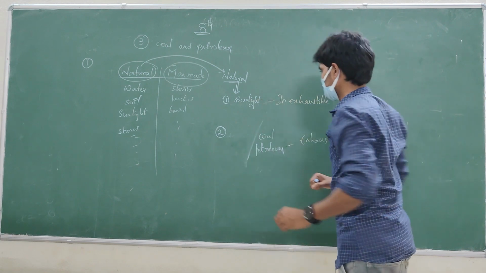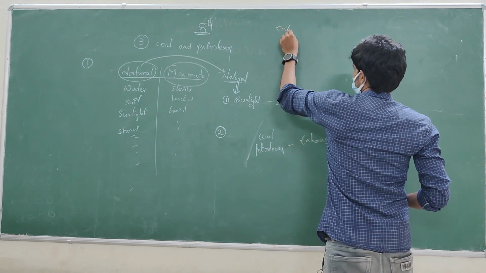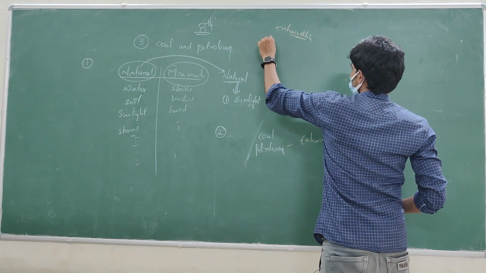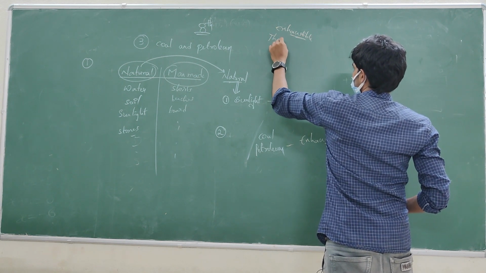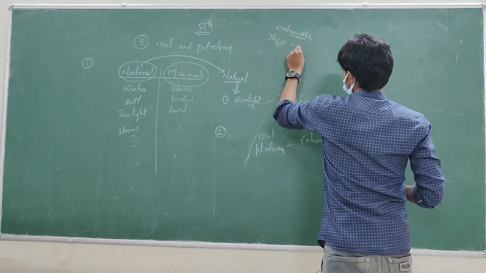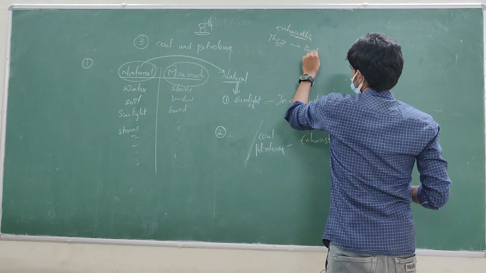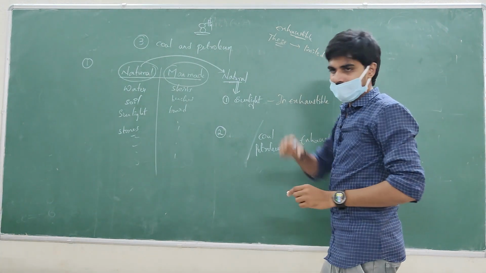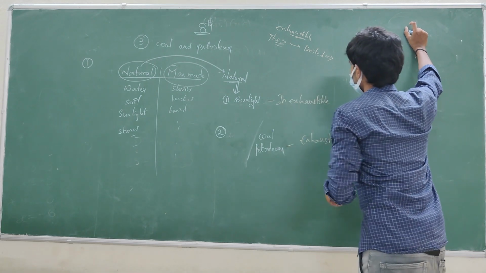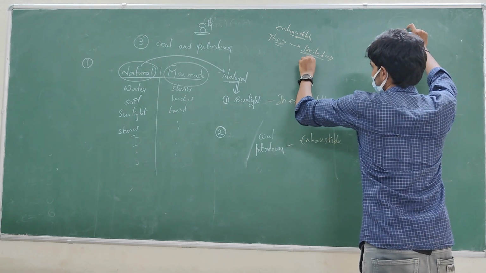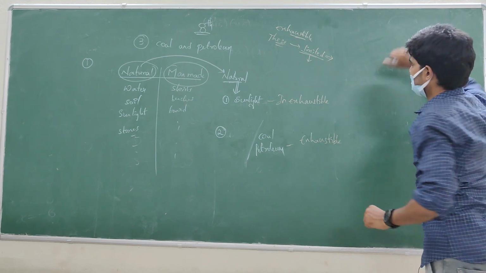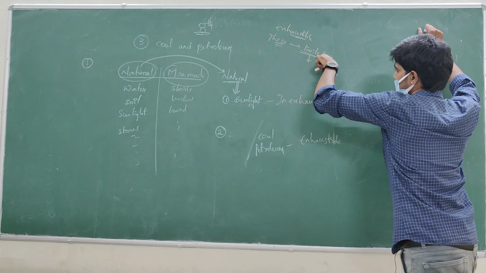Exhaustible means very simple: these substances, coal and petroleum, are limited, which means they are in limited quantity. So after plenty of use, their quantity might decrease, right? Yes or no? So these are limited.